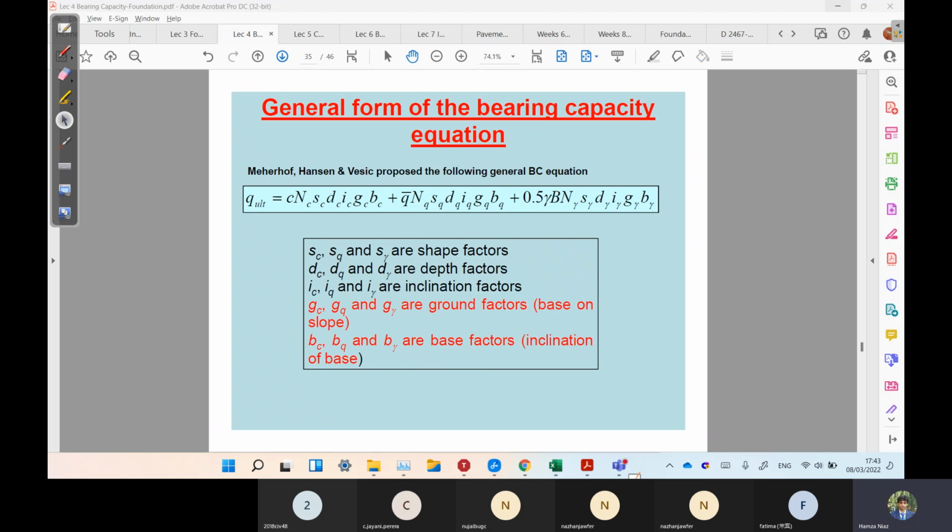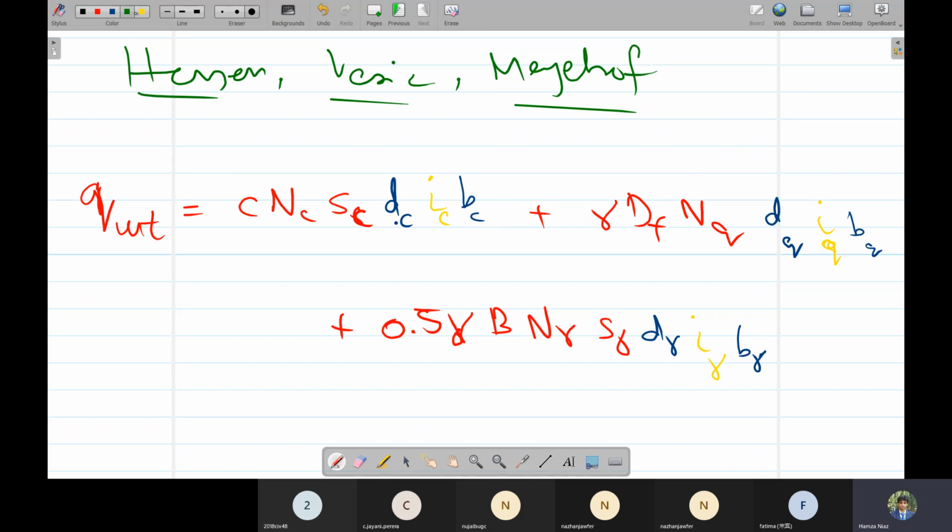And the last one is the ground factor, G: G c, G q, and G gamma. So they have added these four factors: depth, inclination, base, and ground. And before we had S c and S gamma only. Now they have also added S q. So these factors are added.